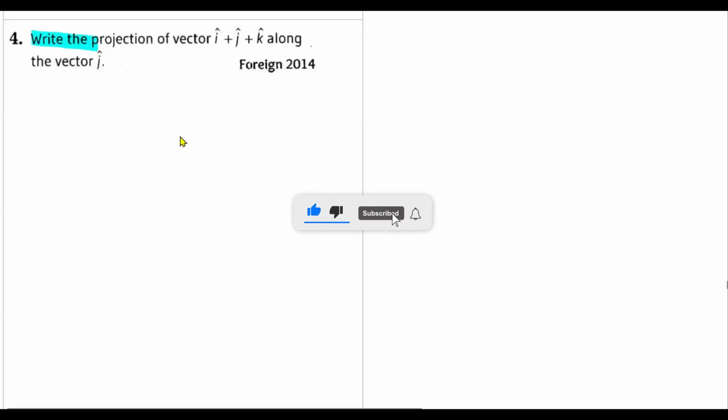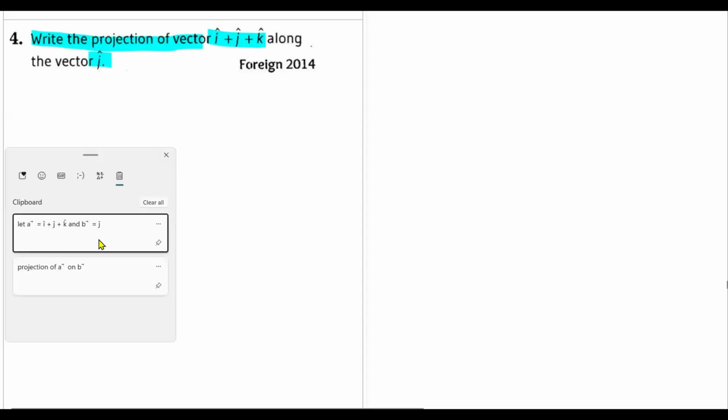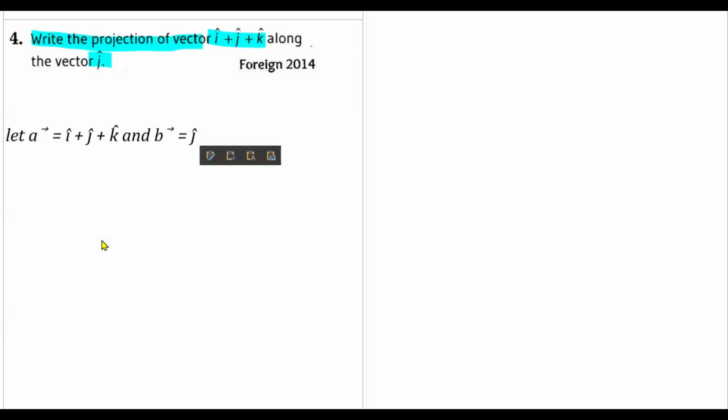Similar to the previous question, here also we have to find the projection of this vector along the vector j. So as we did in the previous one, let A be the first vector and B the second vector.